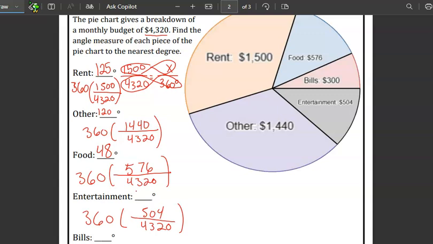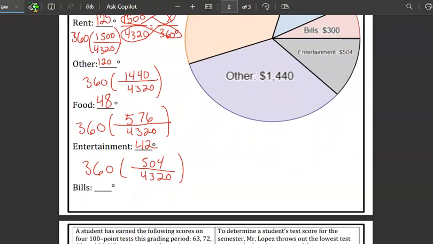Gives us 42 degrees. And then for bills, 360 times 300 over 4,320. And that gives us 25 degrees.